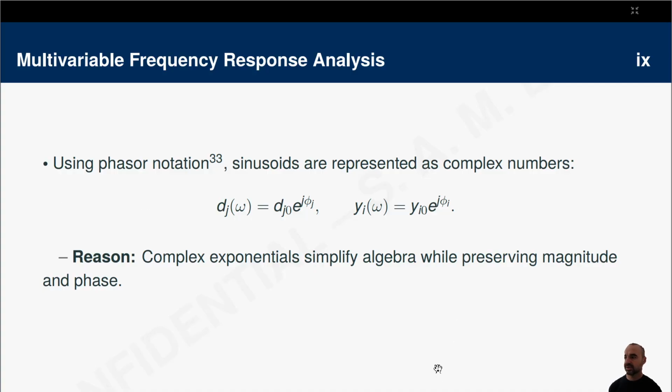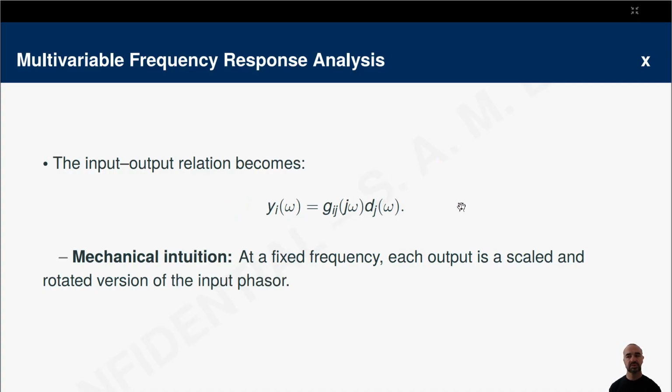So complex exponentials simplify algebra while preserving magnitude and phase. The input-output relation becomes y_i(omega) is g_ij(j omega) d_j(omega). So the specific small g of that bigger G, capital G, is the one relating the output i to input j. At one frequency, this is just multiplication.